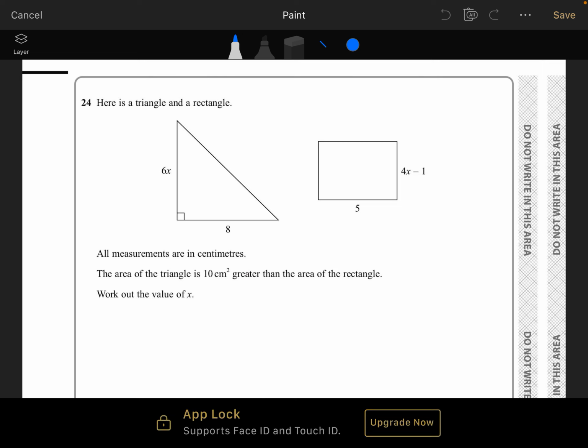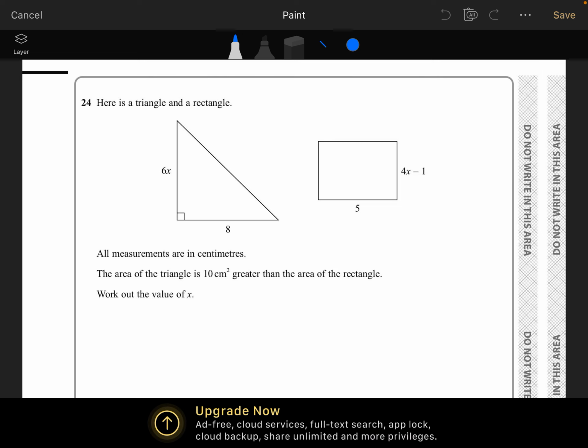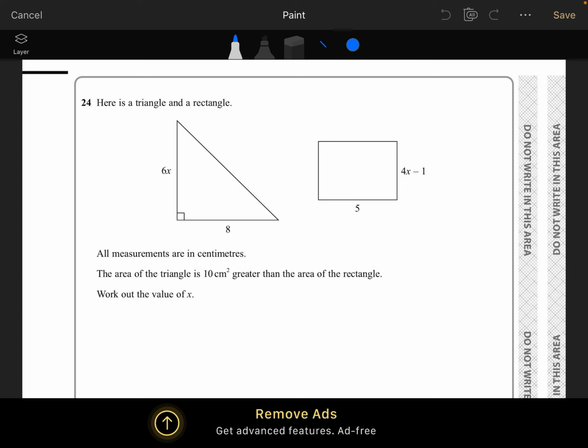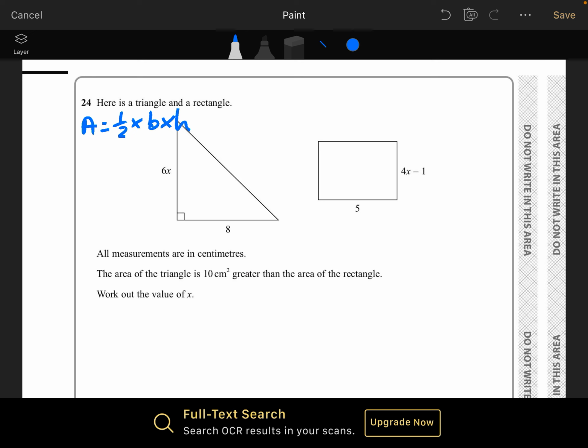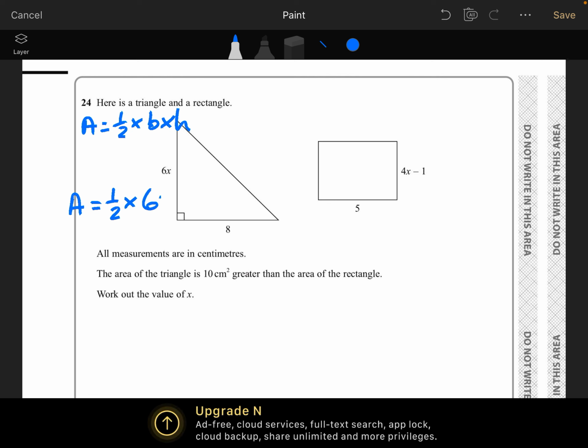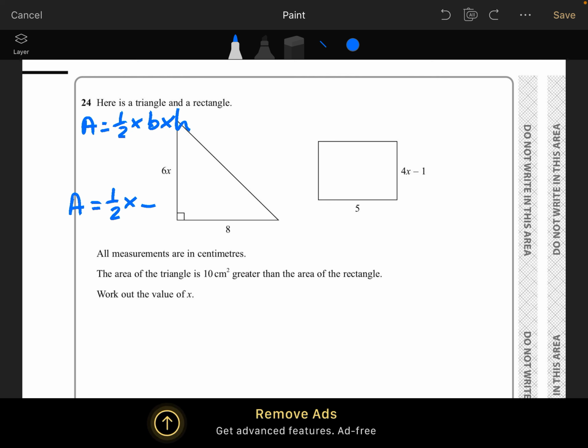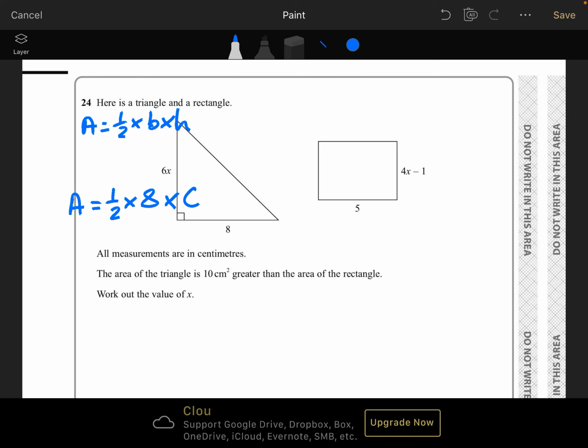So, if I was working out the area of the triangle, for a triangle we've got area equals half of the base times the height. In this case, the area is equal to half times the base, 8, times 6x.